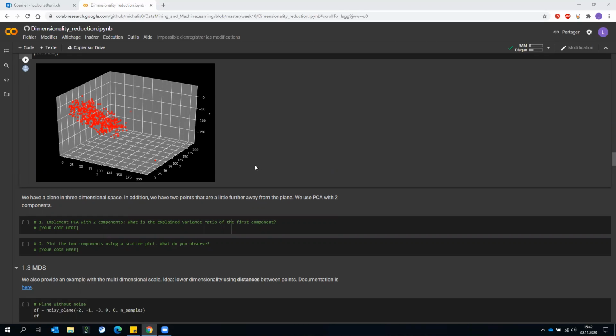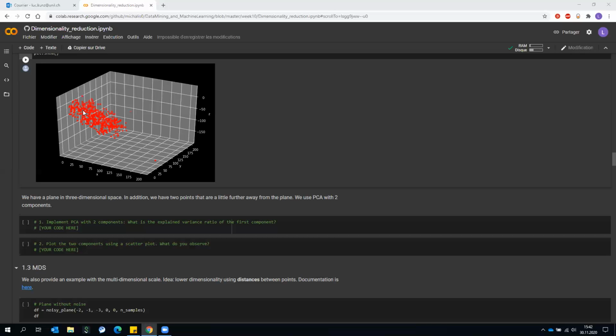So there is something in the chat from Brian. Is PCA just a bird view of the 3D graph? Can you recall what its use is? Yes, in this case, because we are projecting in 2D, the idea is to find the best place to take a picture, because the picture will then be in 2D.